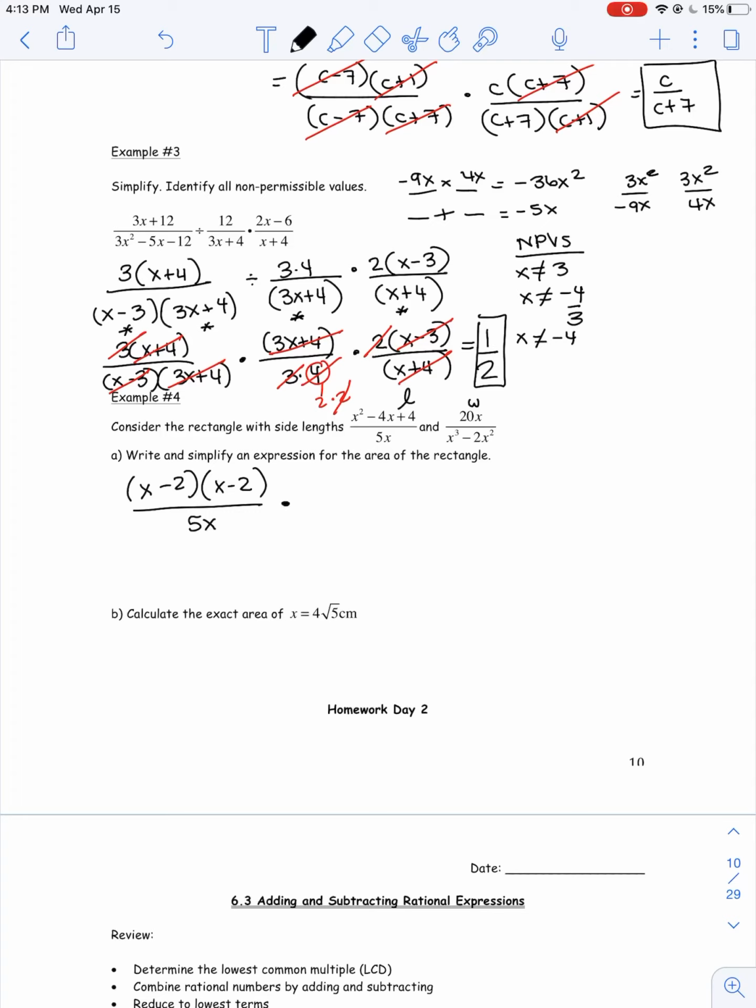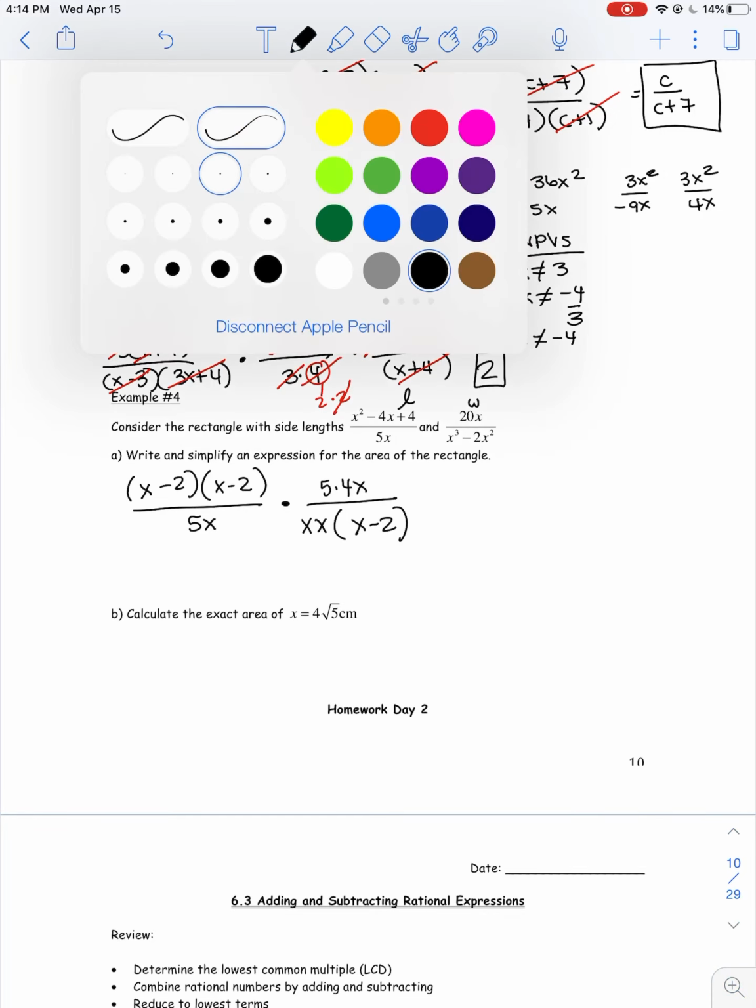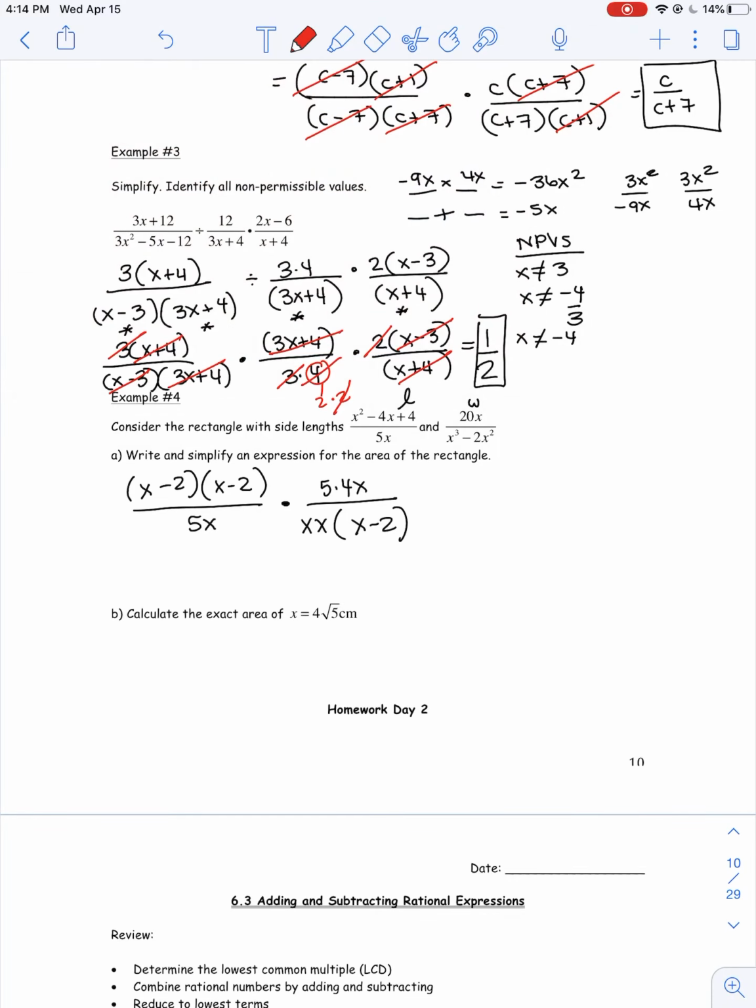And then 5x stays as it is, multiplied by 20, which we can write as 5 times 4x. And at the bottom, we want to take out what's in common. So we have an x squared in common, leaving us with x minus 2. What I can further do is write this x squared as x times x, and that would make it easier to cross things off.